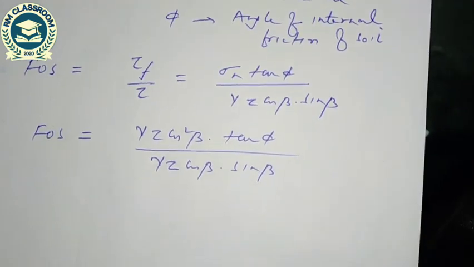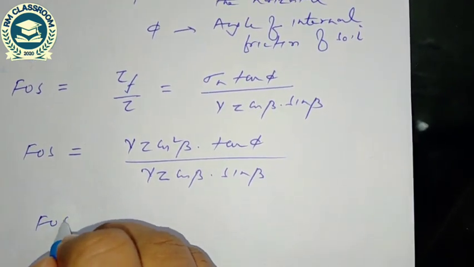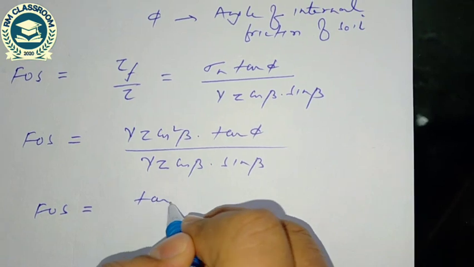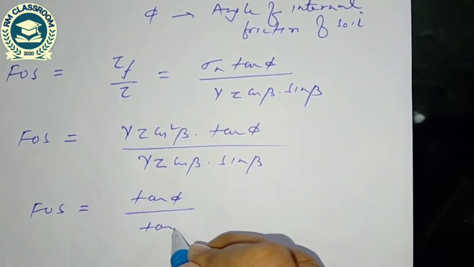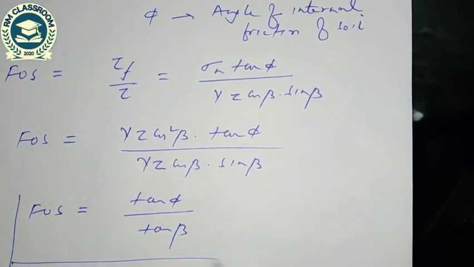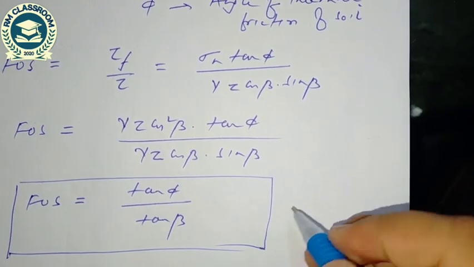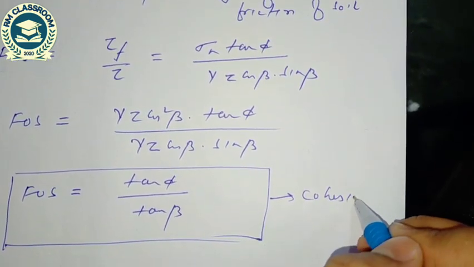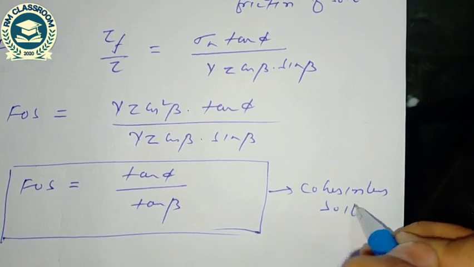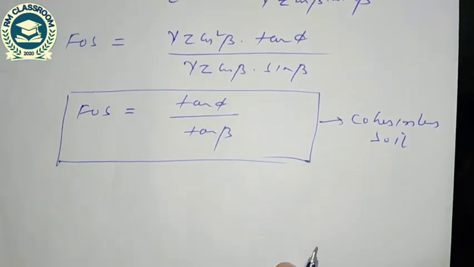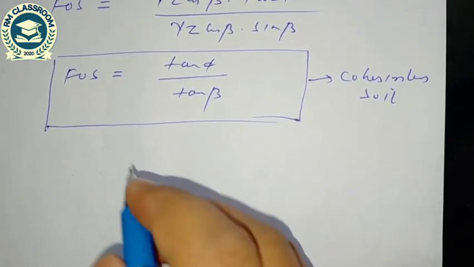So gamma z cancel out. So factor of safety is coming tan phi by tan beta. Very, very important, but this factor of safety is valid for cohesionless soil. So for cohesionless soil, factor of safety is coming tan phi by tan beta.